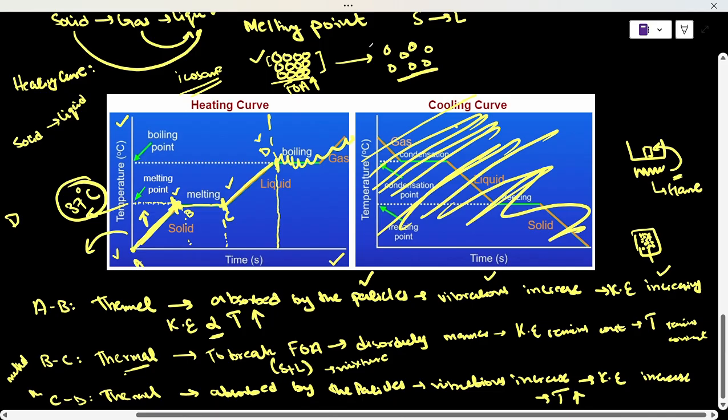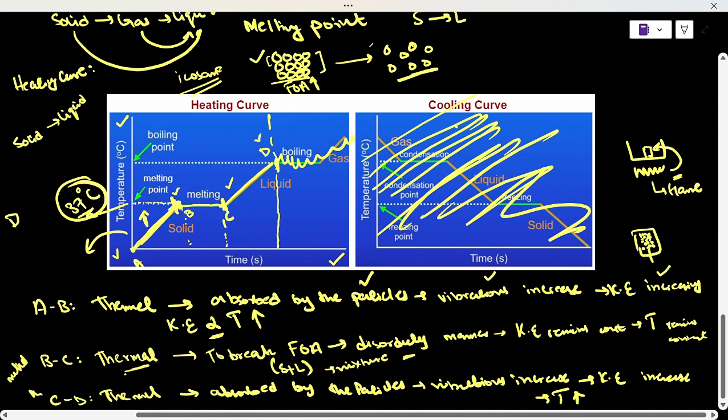Okay, and you might have this question: why are particles absorbing energy again now? Why weren't they absorbing at point B to point C? Because you need to remember, there are certain temperatures where these things melt or freeze. At those temperatures, the particles do not absorb energy.